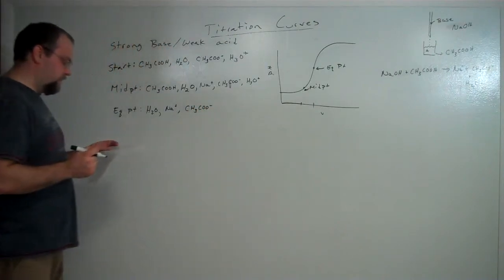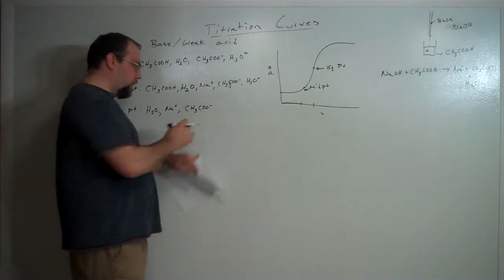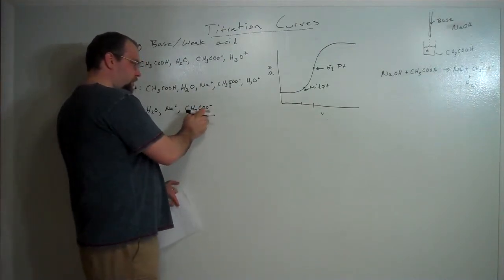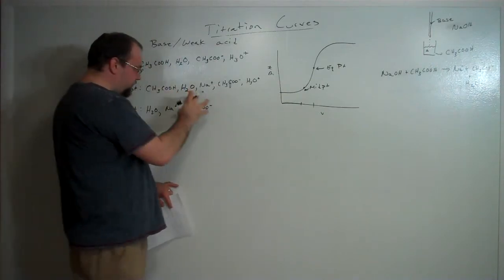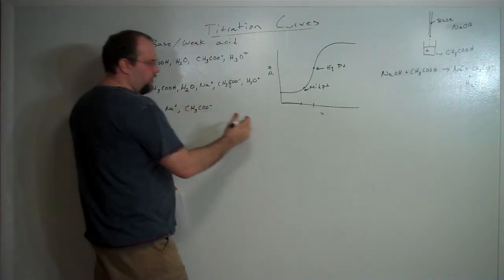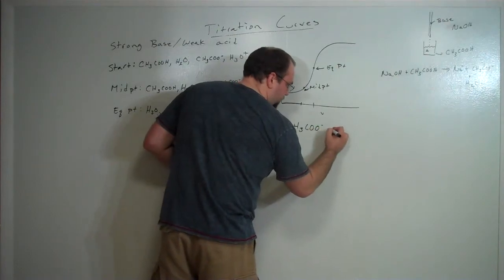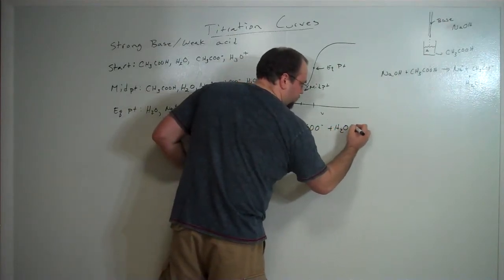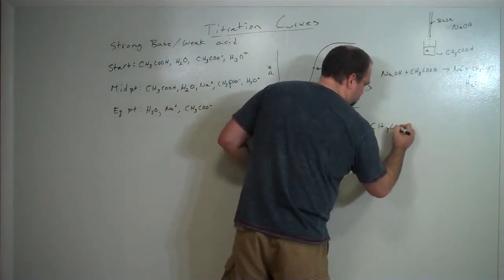Now, here's the deal. It's going to accept protons. This is the conjugate base of acetic acid, so it's a base. So I am going to have a reaction here with water.